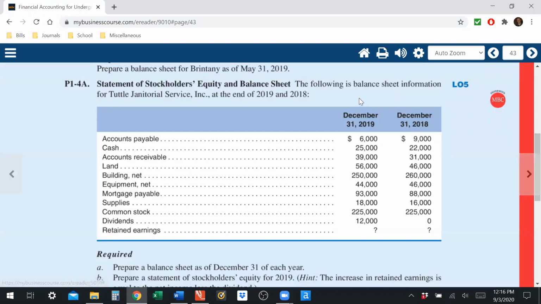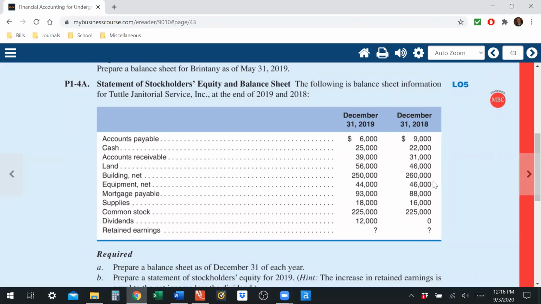The following is balance sheet information for Tuttle Janitorial Service Incorporated. Incorporated means they're a corporation. At the end of 2019, in this first column, and the balances in these accounts at the end of 2018 is in the second column.